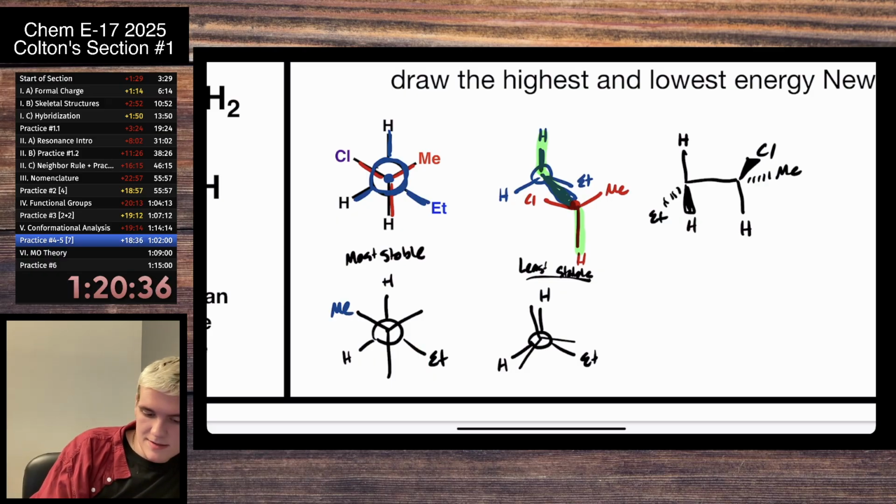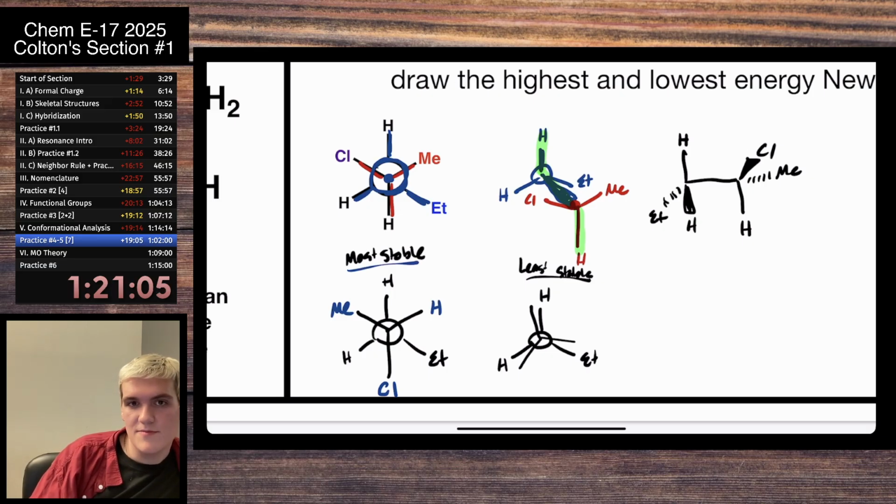So we can imagine we just are turning the molecule to get it in this new conformation. And so when we turn our molecule here, the methyl goes in this position, but then our chlorine is going to be turned down to this position. So our chlorine goes down here. And then again, following that same line, the hydrogen gets moved up over here. So that is going to give us our most stable conformation.